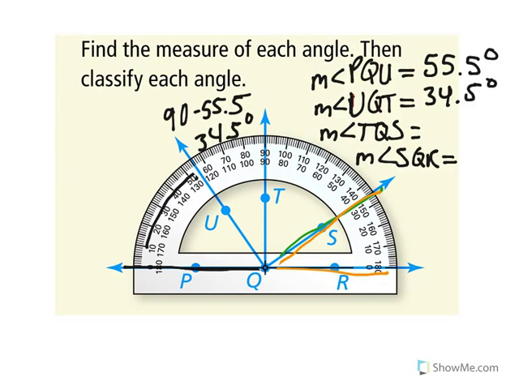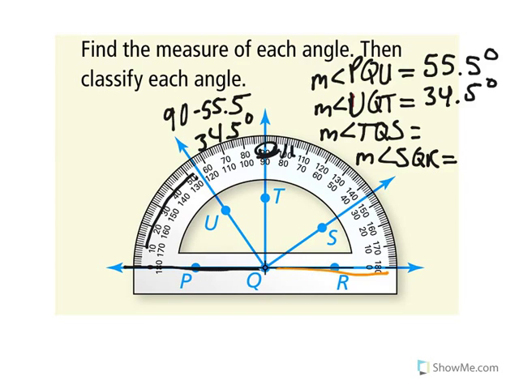Okay, look at my next one, TQS. That one goes from 90, and I could either look at the top portion where it's going higher, or I could look at the bottom. It doesn't matter which way you look at it on this protractor. I'm just going to keep going on the top part. So I have 90 to about 145.